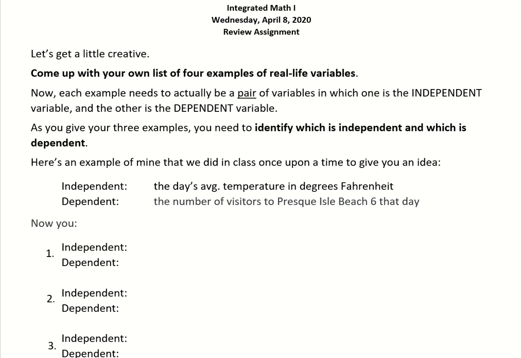Meaning, if you were to make a graph showing the relationship of two real life variables, then the independent one would go along the bottom axis, and the more dependent one would go along the vertical axis, along the side of your graph. And if you were to make a table, the first column would be your independent, so it's like x and y, basically.